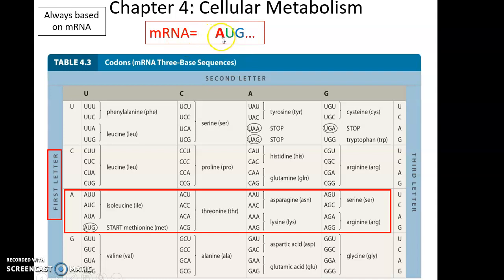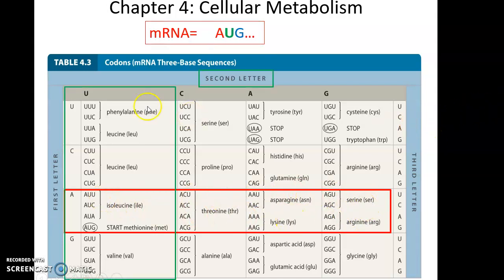So, first nucleotide in the codon is A. So we come over here to the first letter. Here is A. So now we know that the amino acid is found somewhere in this strip of options on the chart. The second letter in this case is U. Here is U for the second letter. Go down, we see that they overlap here. So the amino acid must be within this section of the chart because of the overlap.